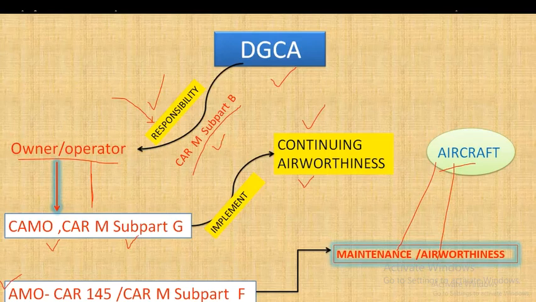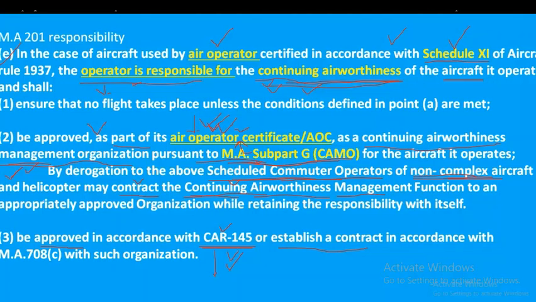Another thing is KMO approval. For a scheduled air transport operator, KMO approval is a must. But for some other types of operators, continuing airworthiness tasks may be contracted by the owner or operator to another independent KMO. But in the case of a scheduled air transport operator, the KMO approval cannot be contracted.